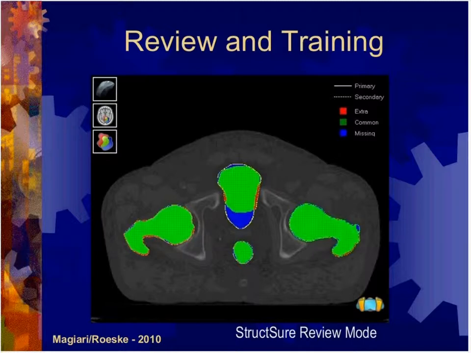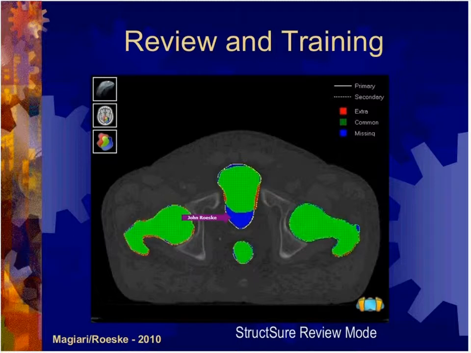So here's just a screen capture of the gold versus one of the times that a dosimetrist drew. Where it's green is where there's a common outline between gold and what the dosimetrist drew. Where it's blue is where it's missing.